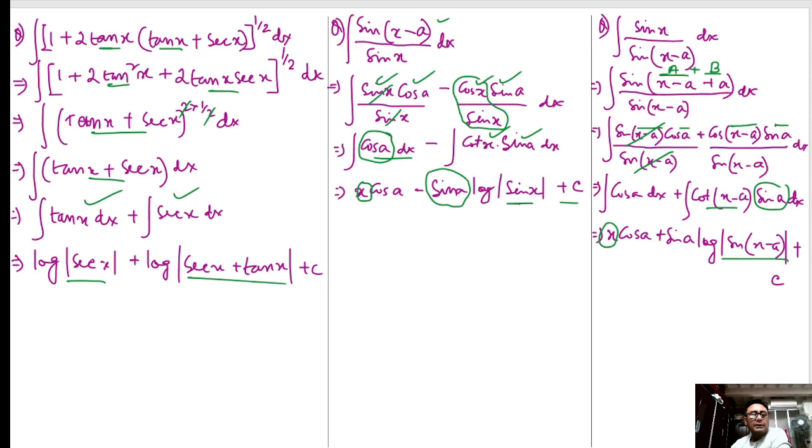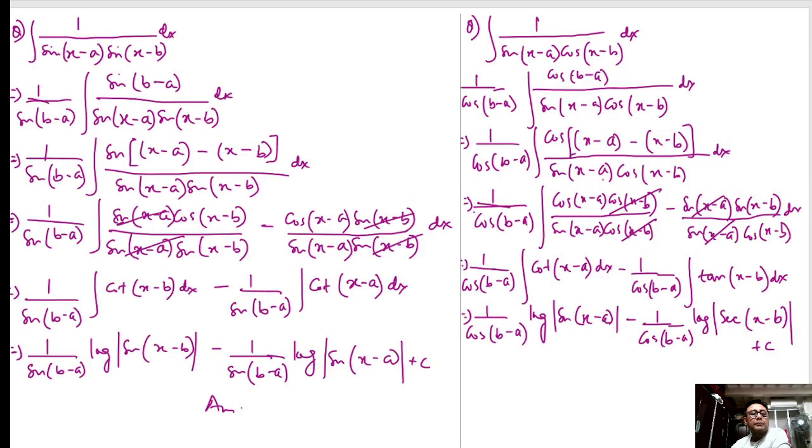So next sum, friends, see what is there. So here is the sum. We are adjusting, please note here, with sine b minus a up and down. Why? That I will show you now. Sine b minus a can be written as x minus a minus x minus b.